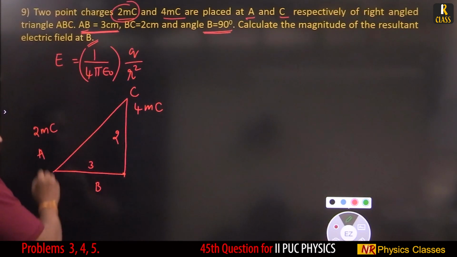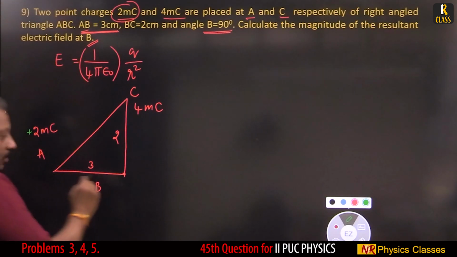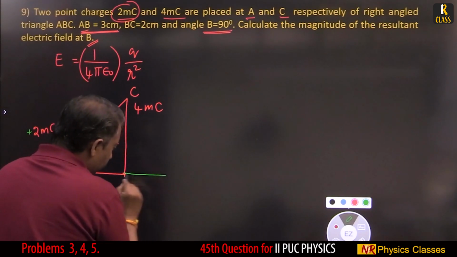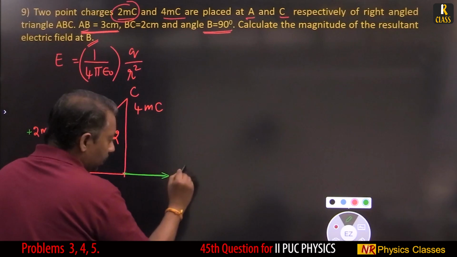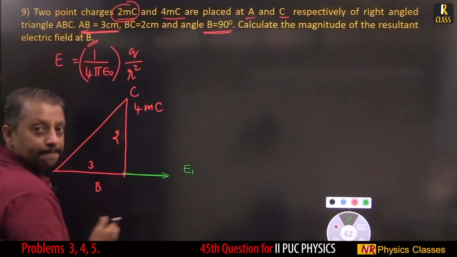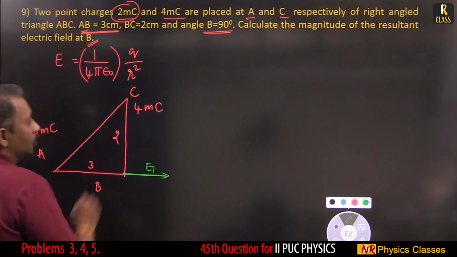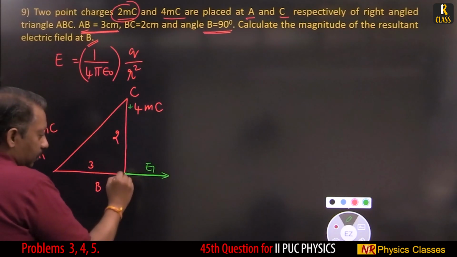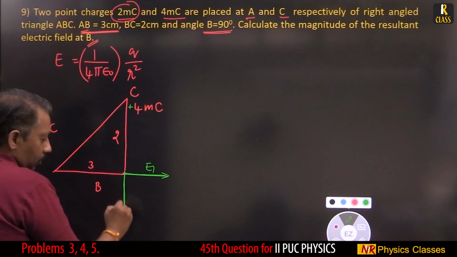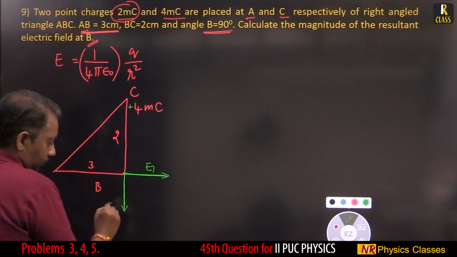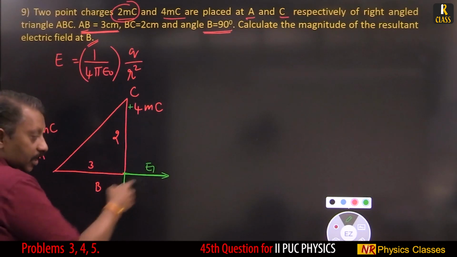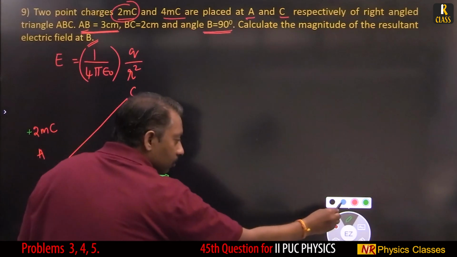So because of this positive charge, the electric field is away. So this is E1. Okay. Because of this positive charge, the electric field is E2. So the resultant of these two means complete the parallelogram.